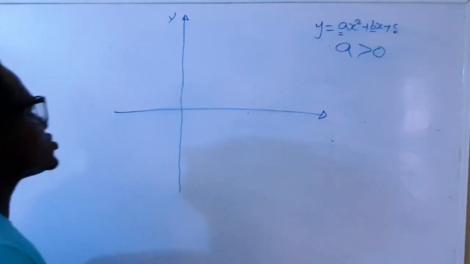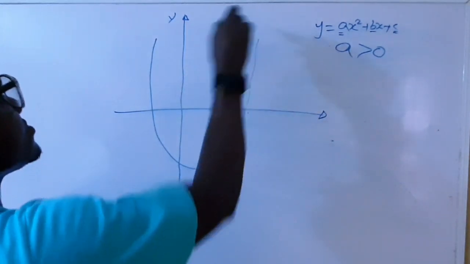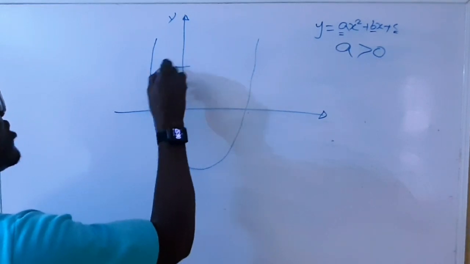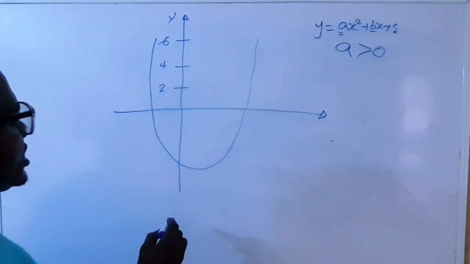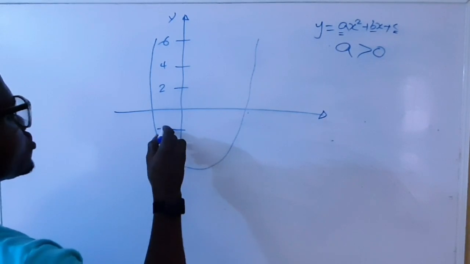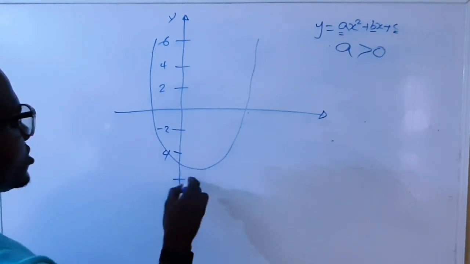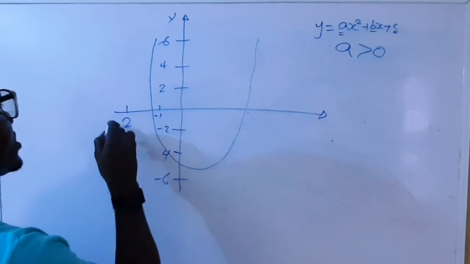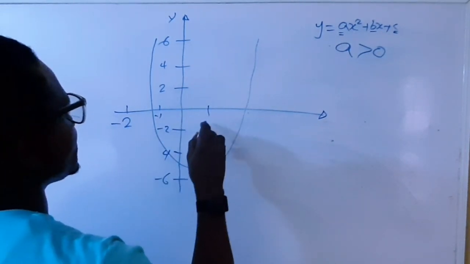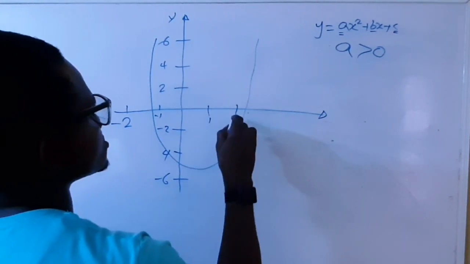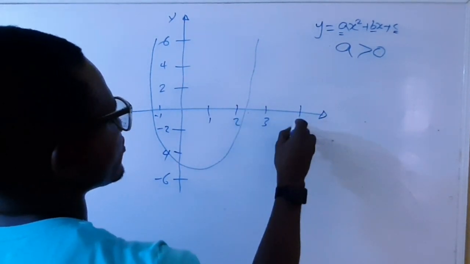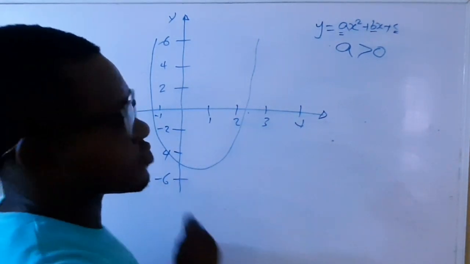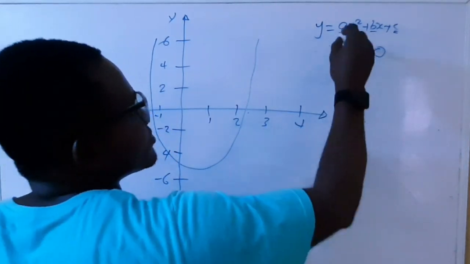Let's say I proceeded with 2, 4, 6, and I also have -2, -4, -6. Let's say I have 1, 2, -1, -2, 1, 2, 3, 4. So let's say this is the graph I came about from the table I prepared from here.